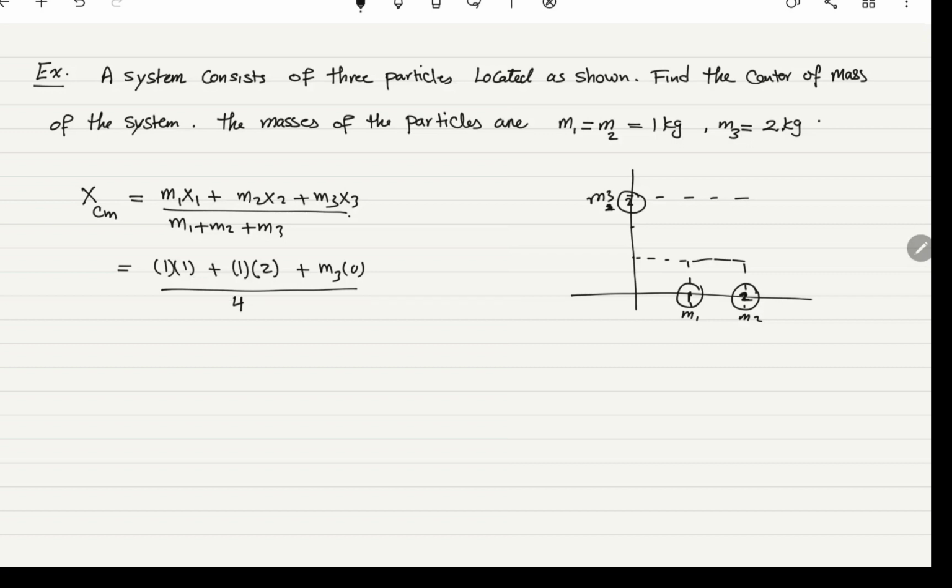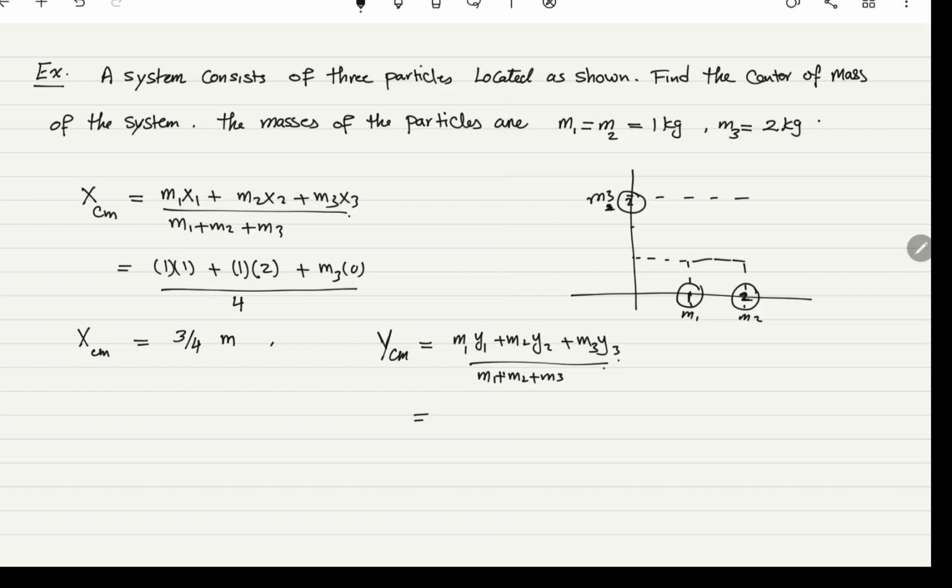So the x center of mass in this case is equal to 1 plus 2, 3 over 4 meters. Now y center of mass equal to m1 y1 plus m2 y2 plus m3 y3 divided by the total mass m1 plus m2 plus m3.